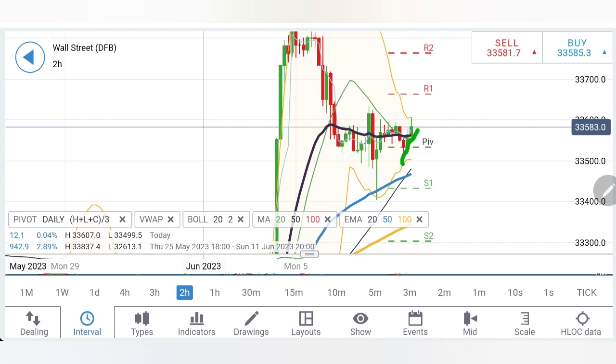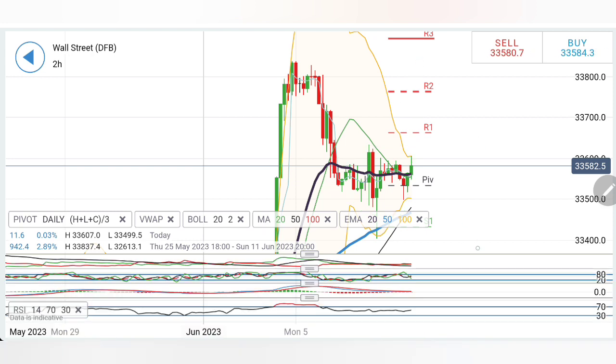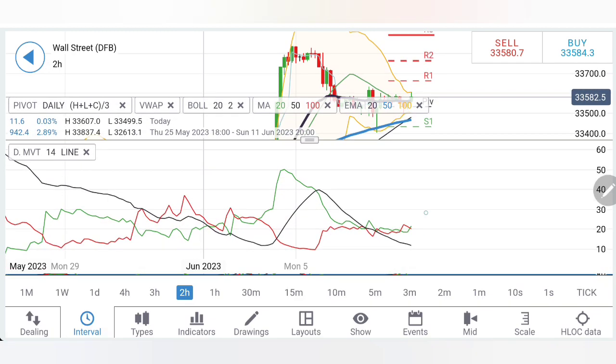Also you can see this is the second green candle getting the resistance from the top of the bands. Possibly if you are taking a buy at 33,600 also, see this is converged enough here, and possibly if it takes a rise, you can expect a very good rise, because see it is consolidated, and if it breaks out, certainly more bullish momentum, and then double top for 33,800 levels cannot be denied.